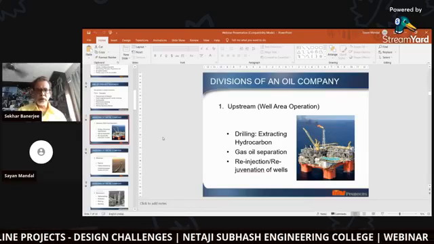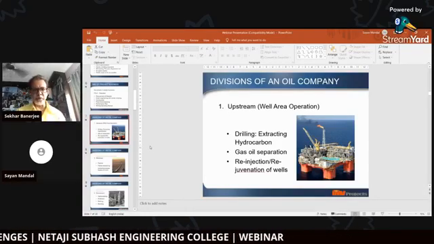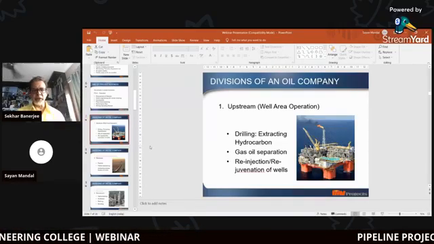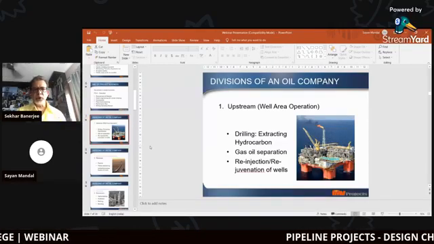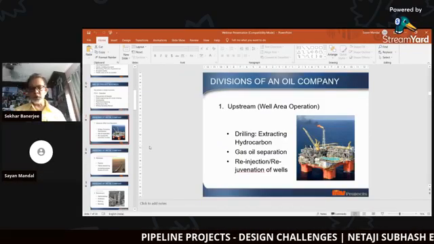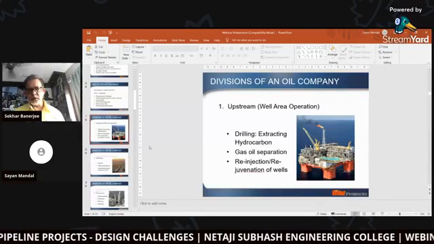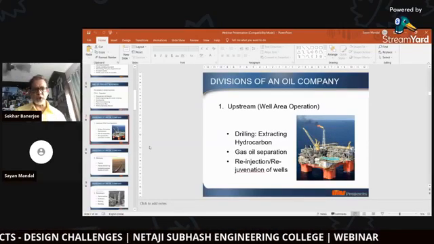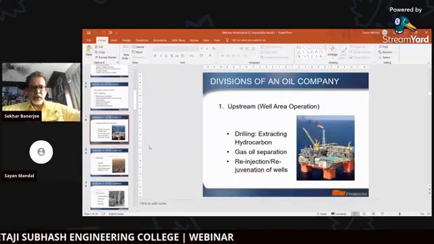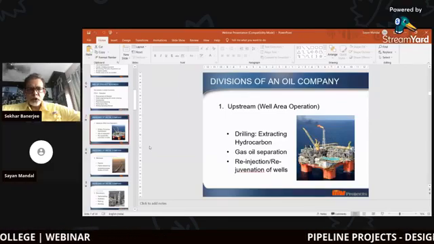right? But it really does not come out in very pure form. Gas, oil, and water, everything comes out together. Now in that upstream area, we first do the drilling, and under pressure, the whole fluid comes out. Then we put it into a gas oil separator, which is a very large horizontal vessel. It is also called a three-phase separator. Why?